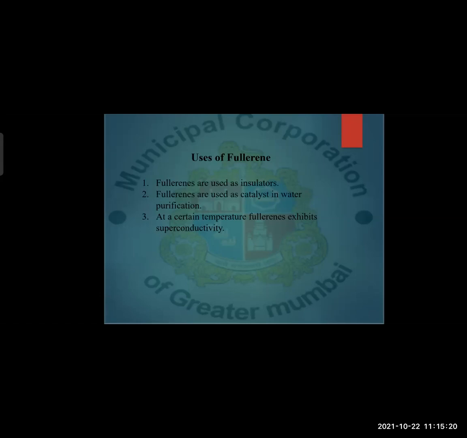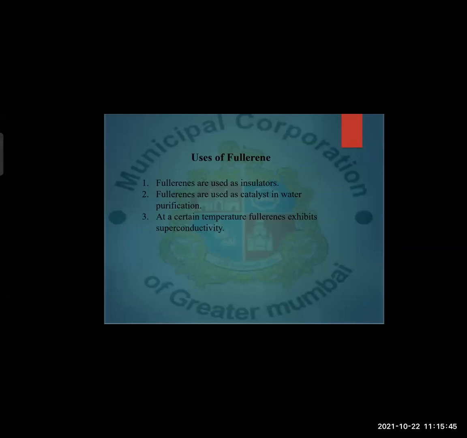Now, catalyst is also a new word for you, or you might have come across it in 8th standard. A catalyst is a substance which helps to change the rate of chemical reaction.